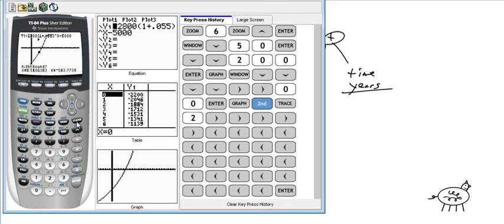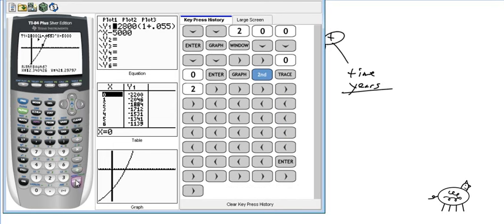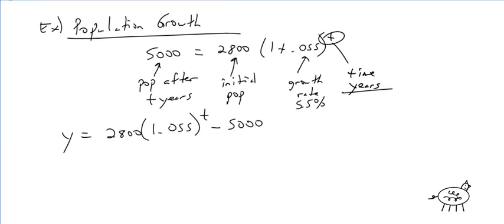So here we're going to enter, and then go to the other side, hit enter, guess, and there's my answer. X equals 10.829. So t is equal to 10.829, and then of course we're going to have years, right? We've got to have our units in here.